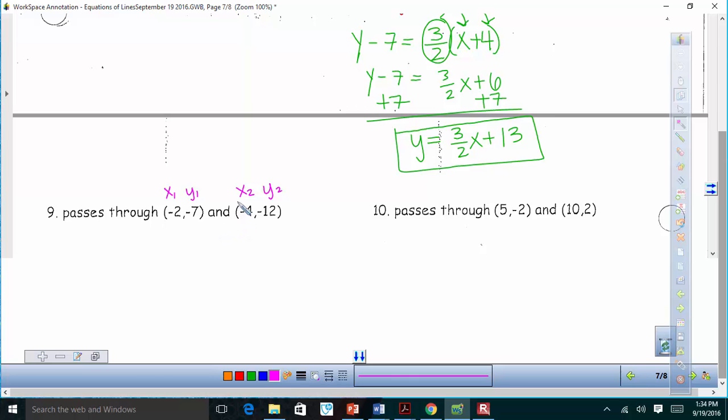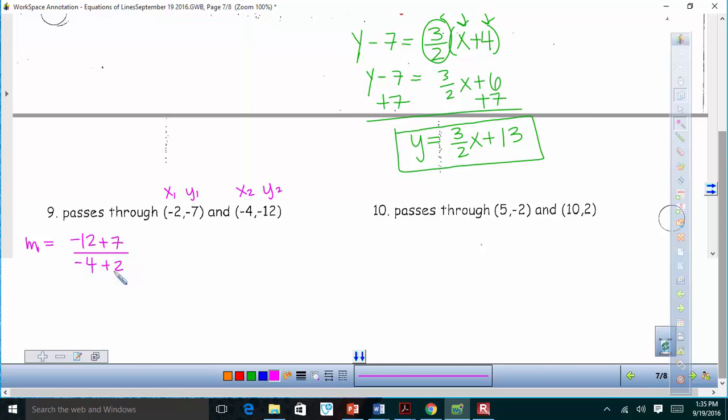So, Christian, if I was setting up to solve for slope, what would that look like? Okay, so if we want to follow the equation, we do y2 minus y1. So we do negative 12 plus 7 over negative 4 plus 2.